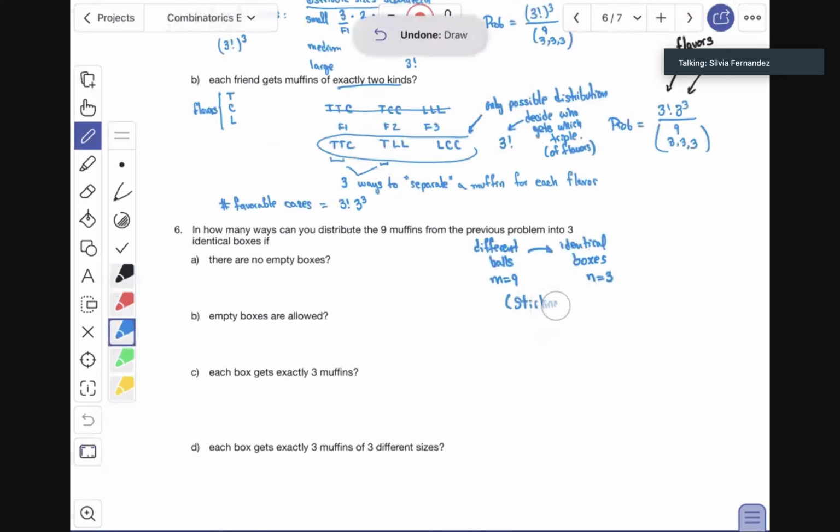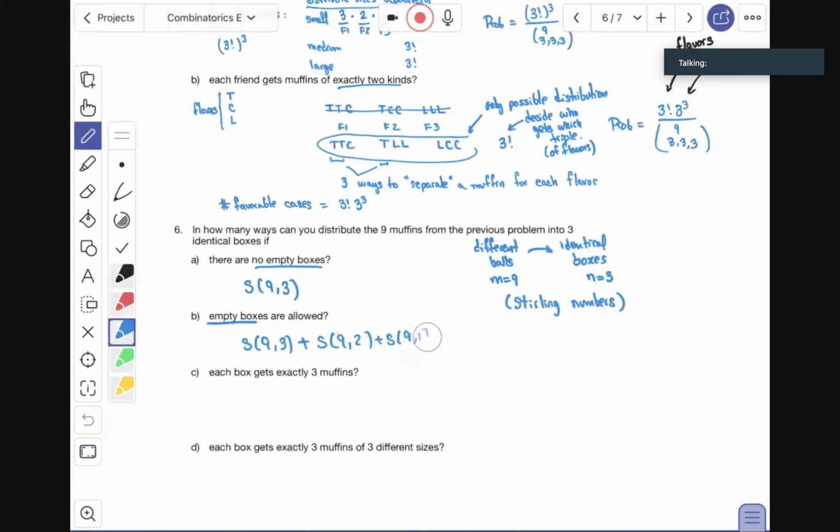Stirling numbers. And so no empty boxes, that's just the single Stirling number. Empty boxes allowed, that's just the sum of these Stirling numbers, from 3 down to 1. And this is each box gets exactly 3 muffins.